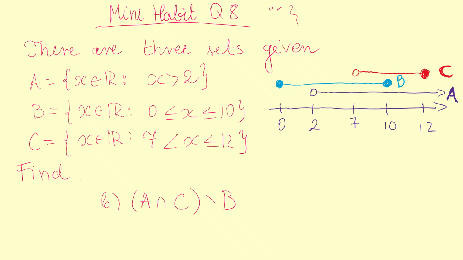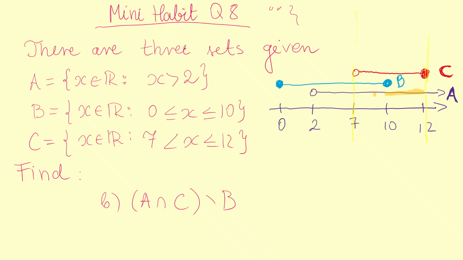Okay, so let's start section B. A intersection C. If you look at this carefully, A intersection C is when they overlap here.